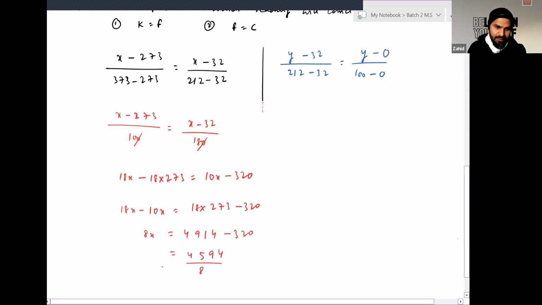Divided by 8 equals x. So 8 into 5, 40; 8 into 7, 56; 8 into 4, 32, so x is 574.25. So at this temperature, Kelvin and Fahrenheit will numerically coincide.